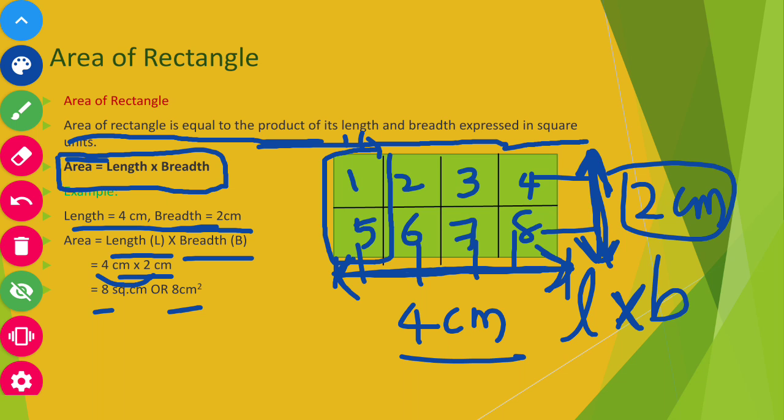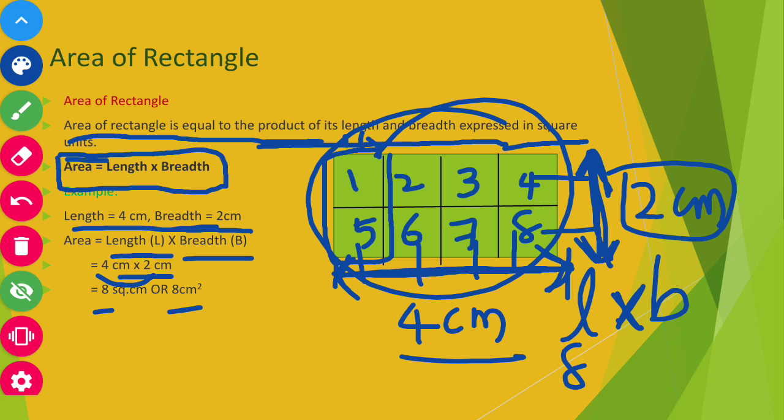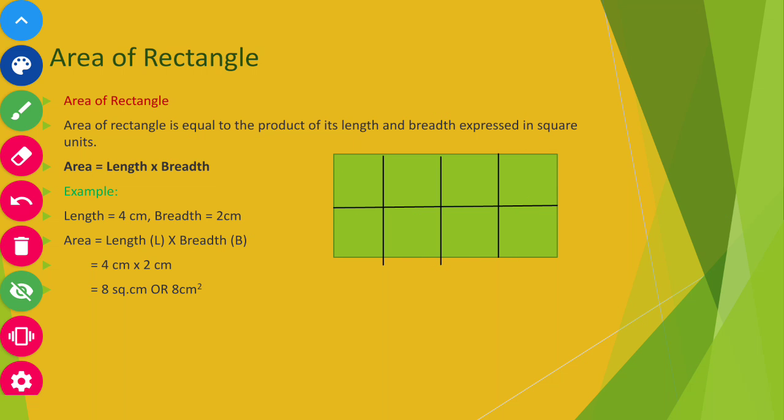Now see how many squares are required to completely cover this shape. 8 square units, isn't it, children? Here also I get the same, 8 square centimeters. So to find the area of the rectangle, what is the formula? Length into breadth.